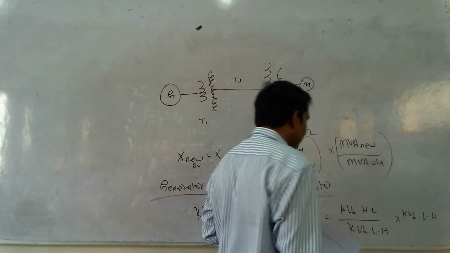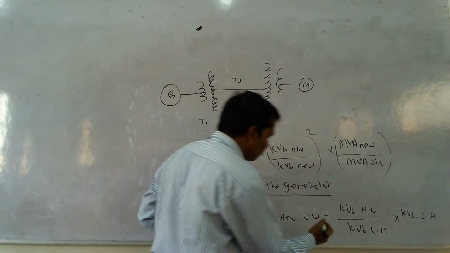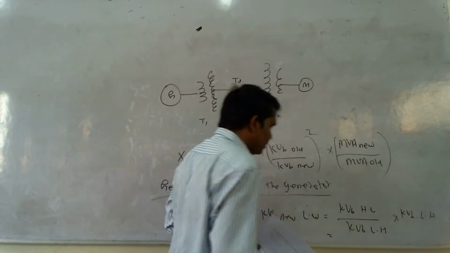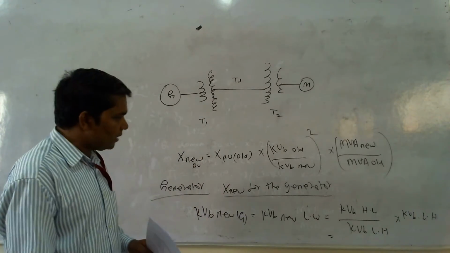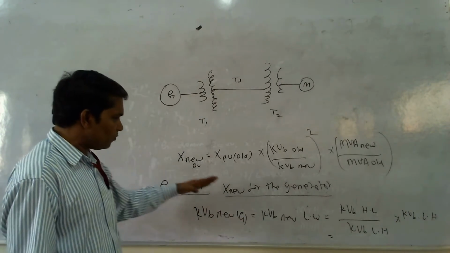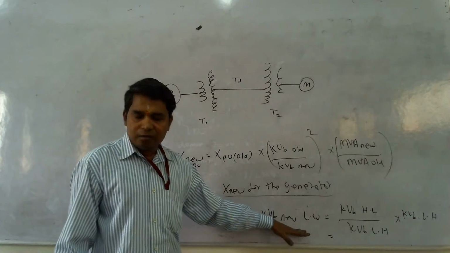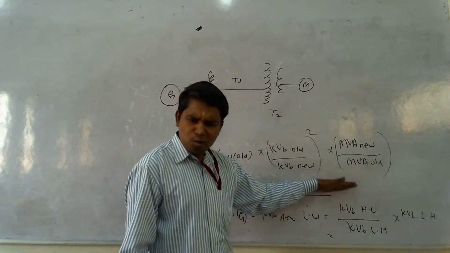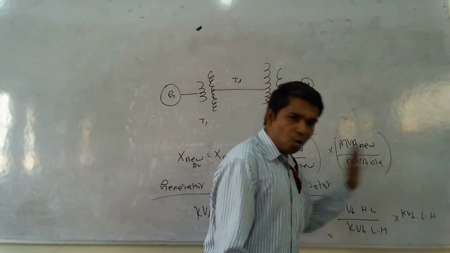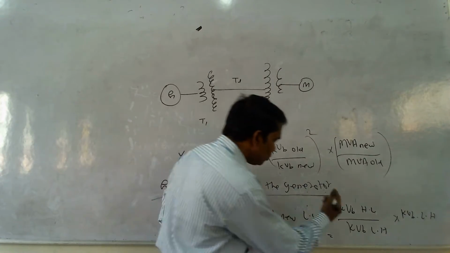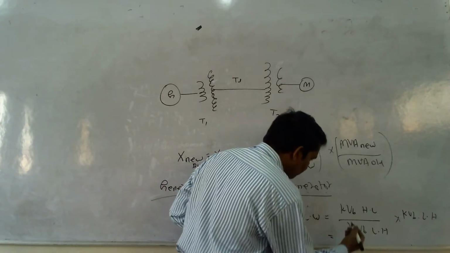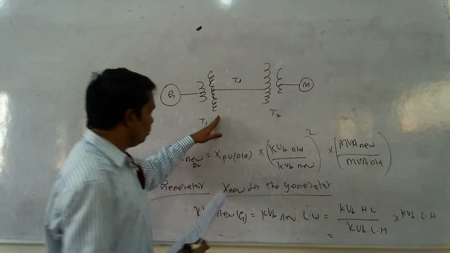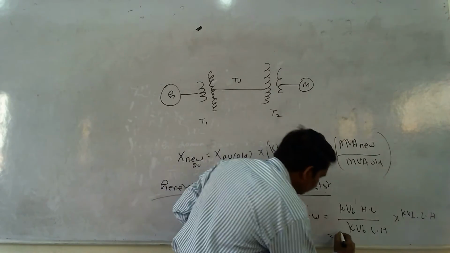So you will get the values for that one, which is the kilovolt base on the high voltage side, because when we are determining the low voltage side, it is the ratio between the high voltage and the low voltage. On the high voltage side, you have the value of 230 kilovolt. So 230.